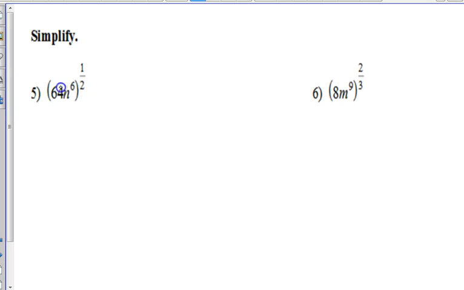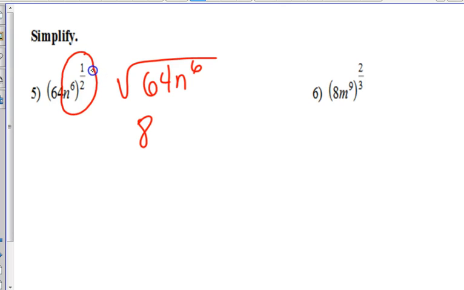All right, this one is easier than we think. This is a giant square root around a 64n to the 6th. You don't need to leave the rest. The square root of 64 is 8. And what do we do with these exponents, really? Multiply. 1/2 of 6 is... Okay, because if we wrote this twice, it would be 8 times n to the 3rd times n to the 3rd.